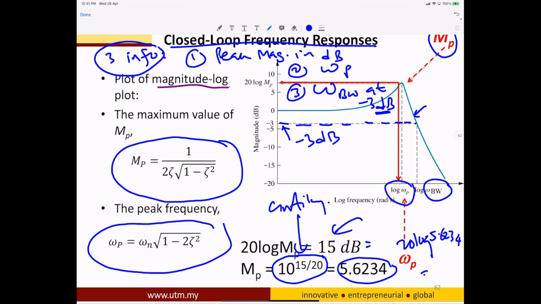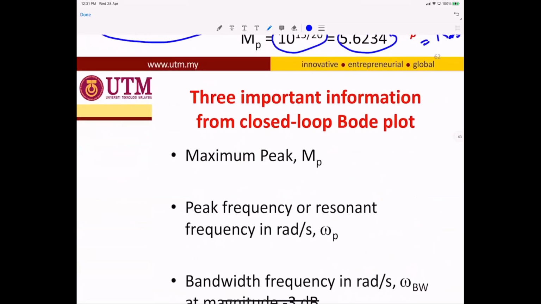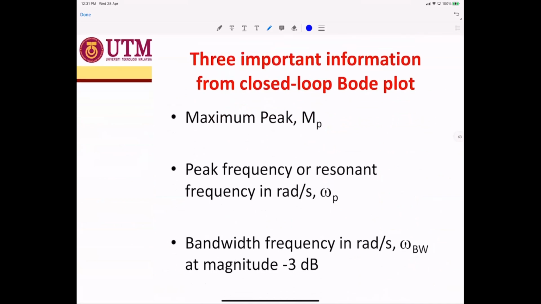So we will get 15 decibel. So this one is the same, one in dB, one without dB. So if you want the MP without dB, you have to apply anti-log, which is 10 to the power of 15 divided by 20. Understand? Guys? So far, so good.